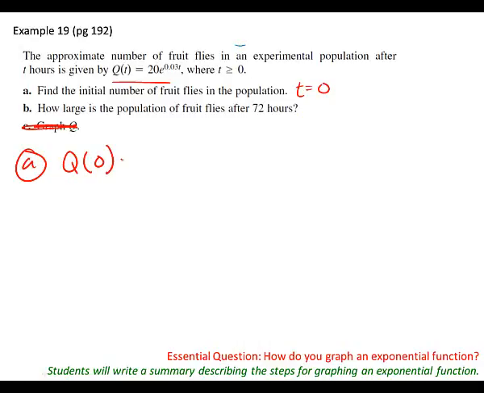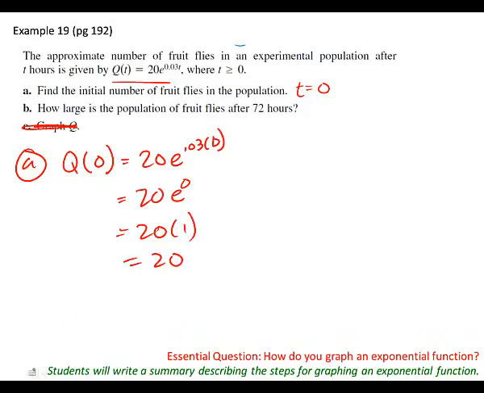All right, so we're going to do Q of 0 equals 20 e to the 0.03 times 0. All right, what's 0.03 times 0? Good. What's anything to the 0 power? Did you notice on both of these problems that when we put in a 0, the initial amount was always this number in front?